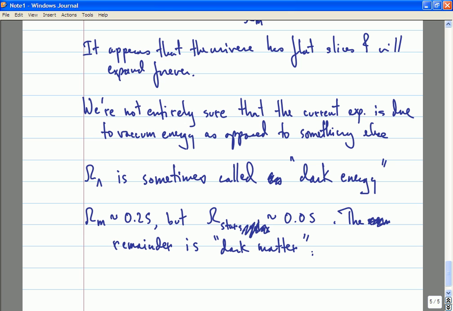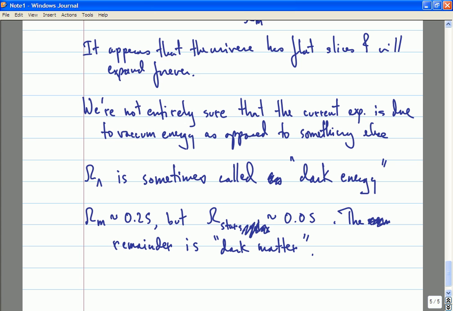Between dark energy and dark matter, there's about 95% of the content of the universe, as measured in terms of energy density, that we can't see, but that we know is there because we have observed it indirectly by measuring the evolution of the universe. I think the explanation of these two dark forms of matter is going to be a very exciting thing to work on over the next few decades.